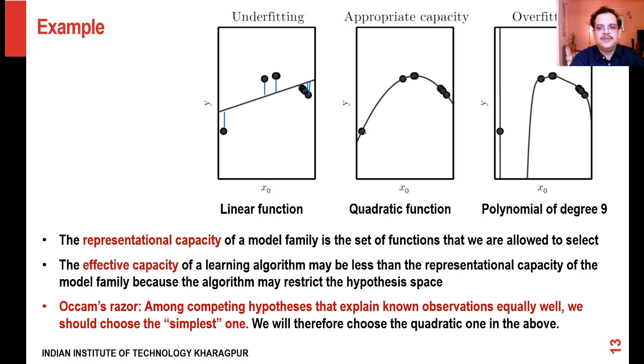If I choose a quadratic function, then you see we get a very good fit. But if I choose a function of even higher degree, like a polynomial of degree 9, it will be able to fit this set of data points exactly, but that is not really the function that fits this best. It is now getting a lot of fictitious points like these, which are not part of the function really. The function is like this.